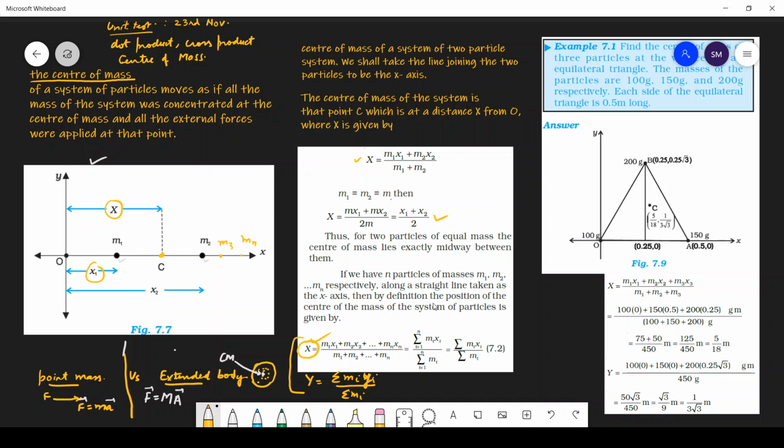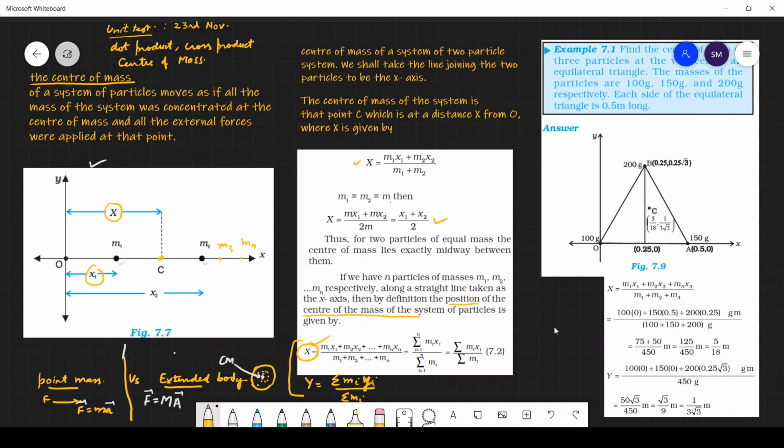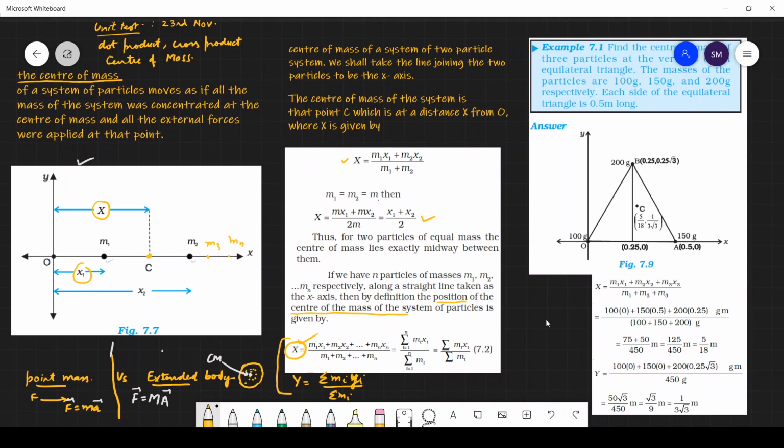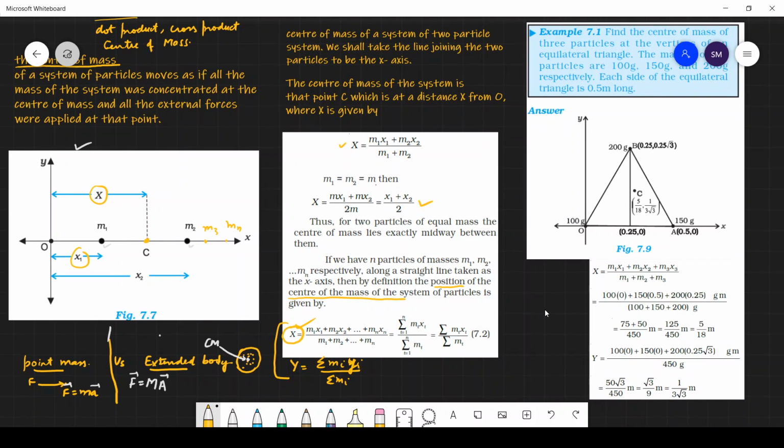The important thing is, whenever the words come, find the center of mass of the system, like here in this example 7.1, find the center of mass, it means you need to tell the coordinates, the position, of the center of mass.